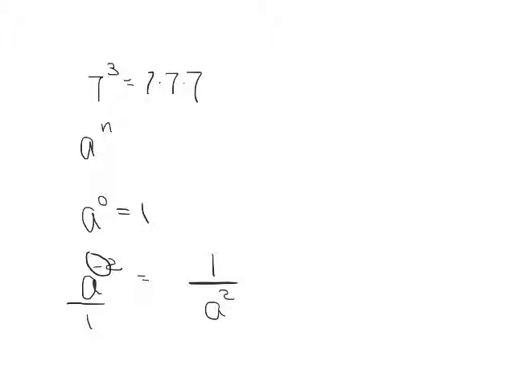So if you look at some of the examples on the bottom of page 9, they have things like, I'll do this in red here, 4 to the negative 5, that would be 1 over 4 to the 5th power. All that negative sign means is that we move our number to its opposite position.